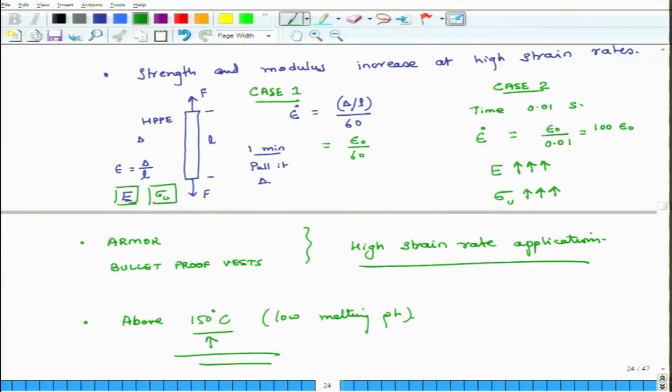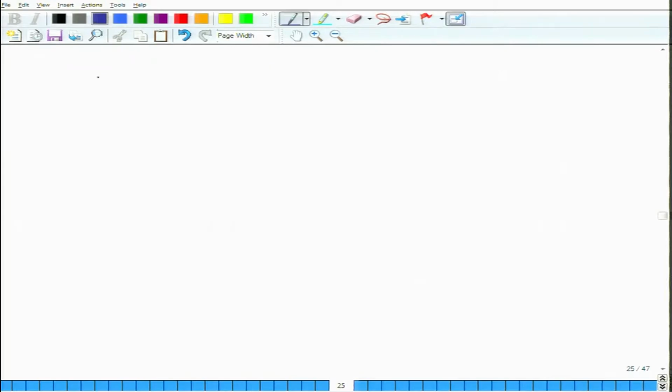Now, we have discussed ceramic fibers and HPPE fibers. So, finally, what we will do today, and we will close the discussion for today with that, is look at some of their properties in terms of actual numbers. So, properties of ceramic and HPPE fibers.